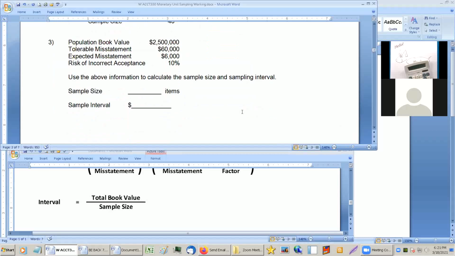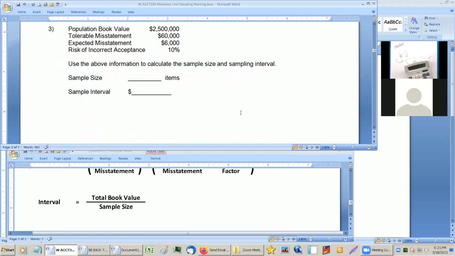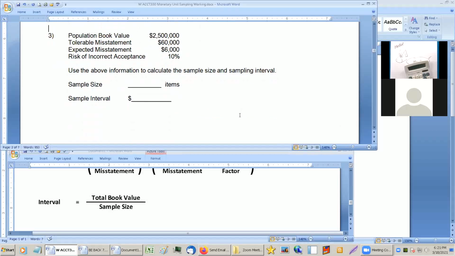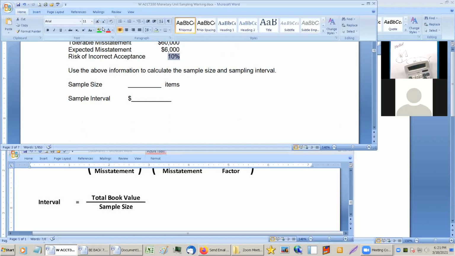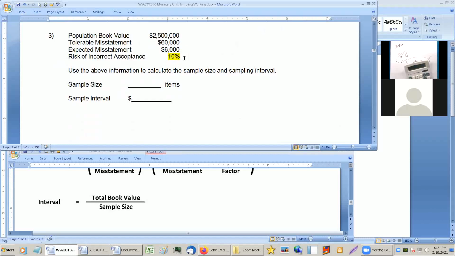All right, go ahead and try this next one. I will do it at the same time, but see if you can find this. Now be careful on this one because this is at 10%. So they're deciding they'll be 90% sure or whatever.